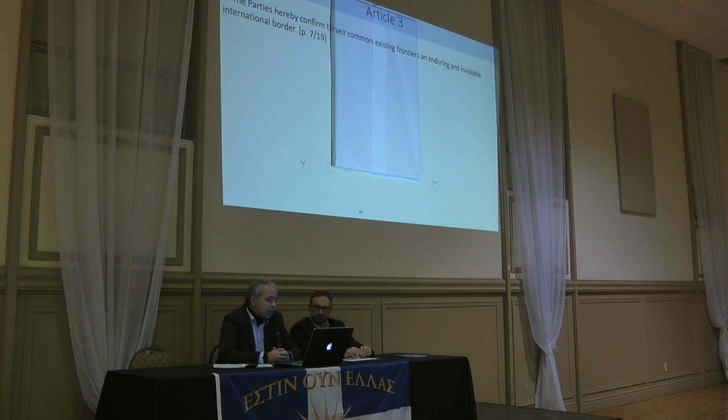But they explained to us that it was an achievement. In fact, we accept that we will not go to Monastir. In fact, it's already a compromise. We accept that this boundary, this international border, will be inviolable.